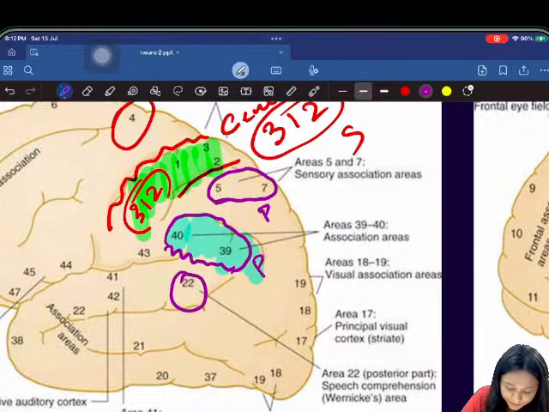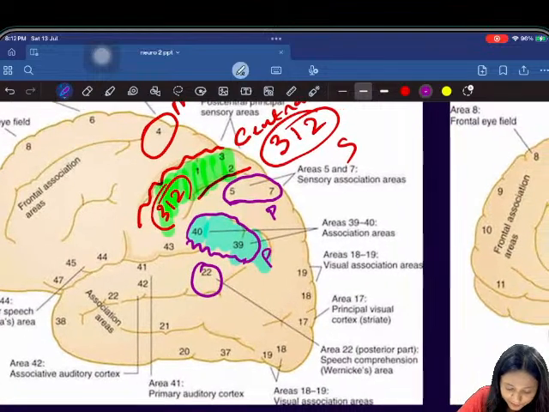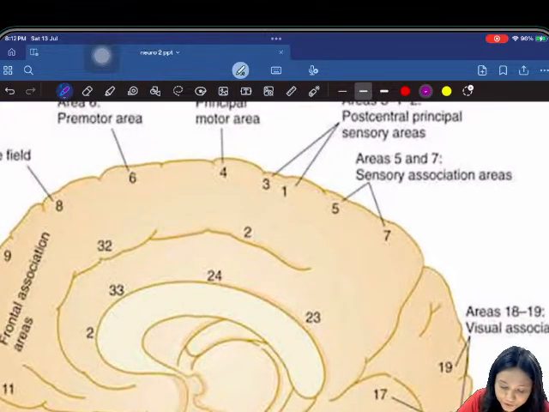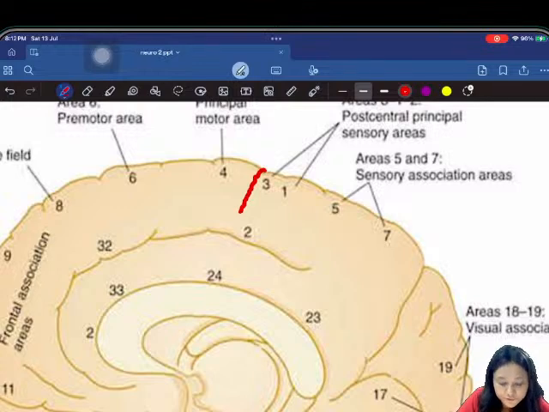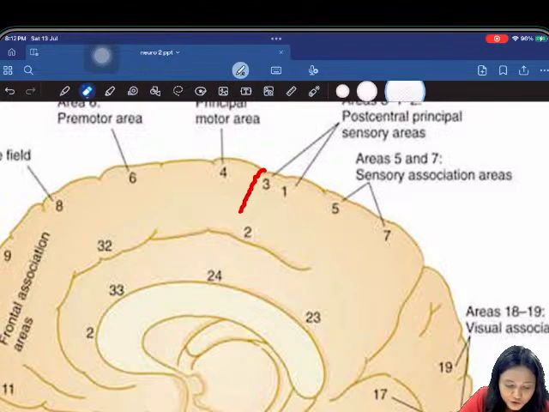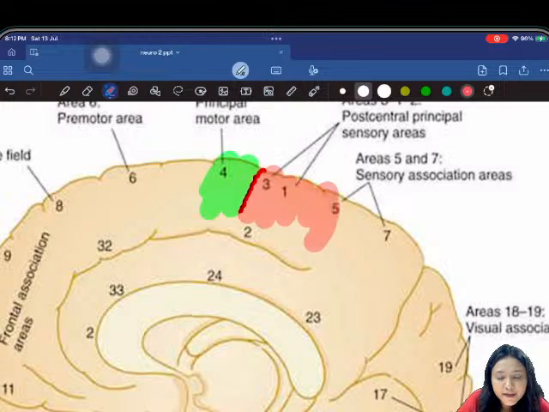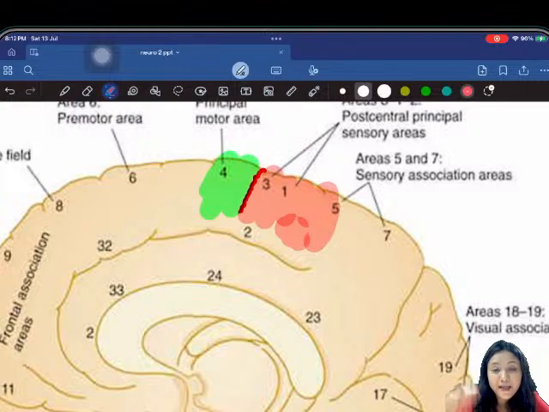As you can see here, in the medial surface, now this is important. As I have told you, there is a central sulcus, it also comes towards the medial surface. Now there is an area known as the paracentral lobule. This entire area is the paracentral lobule, and this lobule is mostly concerned with micturition and defecation. You have to freeze this in your mind: the paracentral lobule is for micturition and defecation.